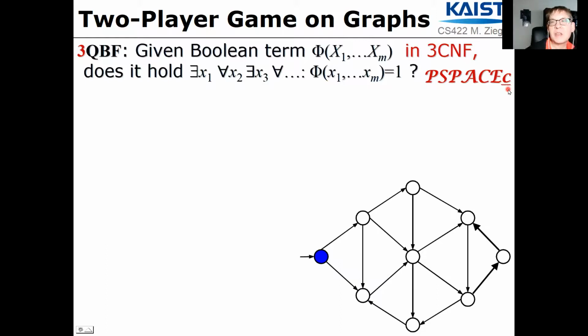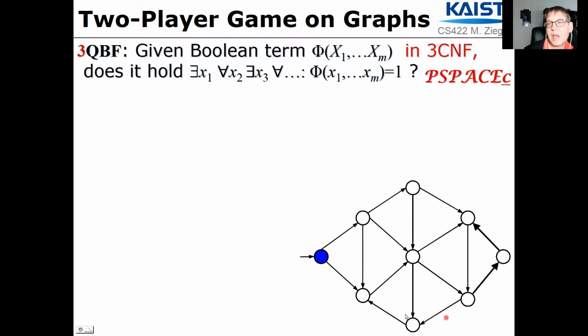That's going to be a game for two players on some directed graph. Let me introduce the game first, and then the decision problem. Consider an arbitrary directed graph with one designated start vertex. Here you see an example.